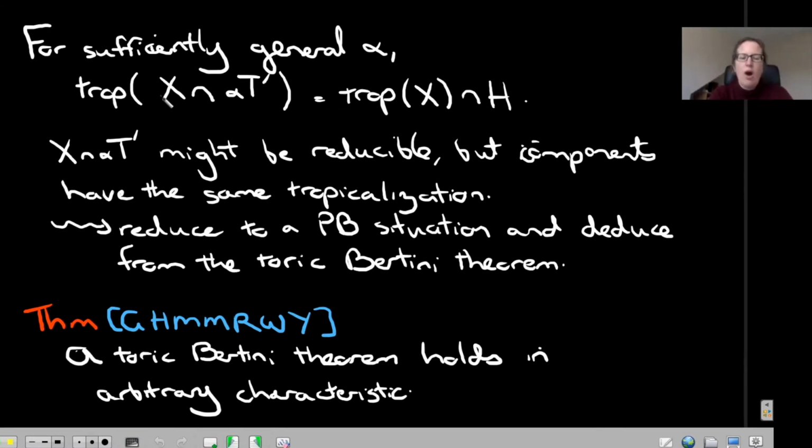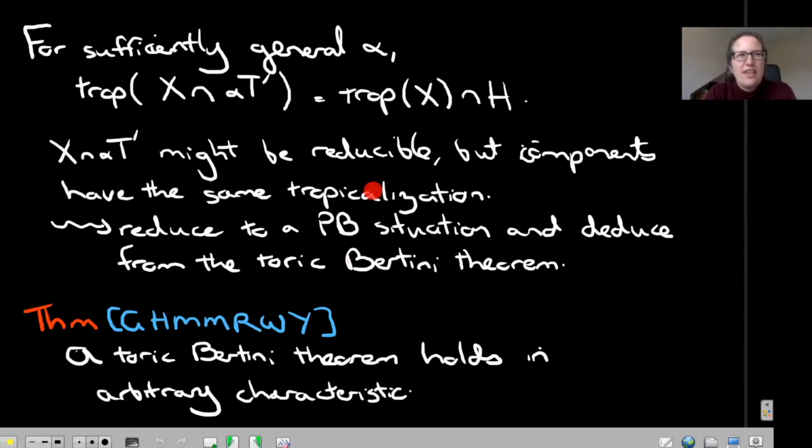And that's why, in the tropical point of view, we don't have to worry about this PB, because somehow the problem with PB is dealing with these isogenies, and in a tropical sense, that doesn't change the tropicalization. So, I mean, these are just some hand-wavy sentences.